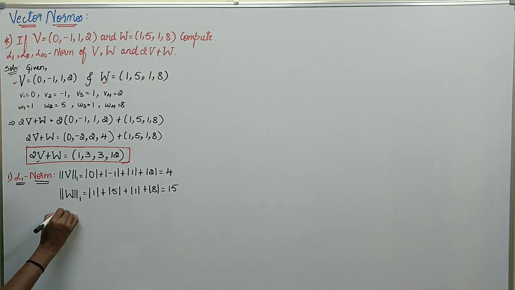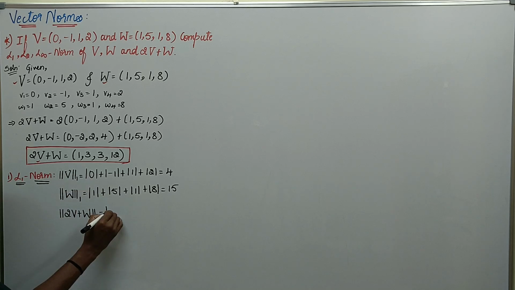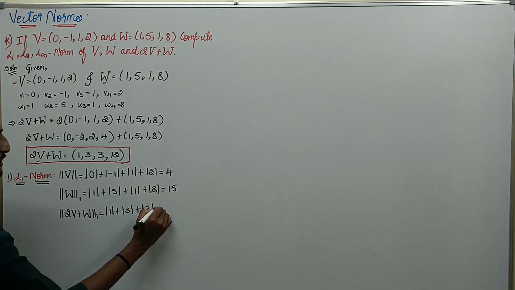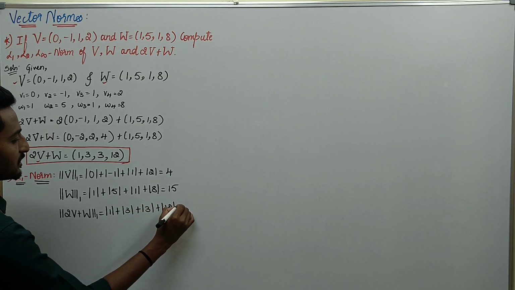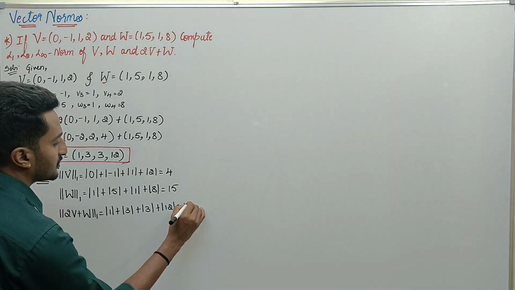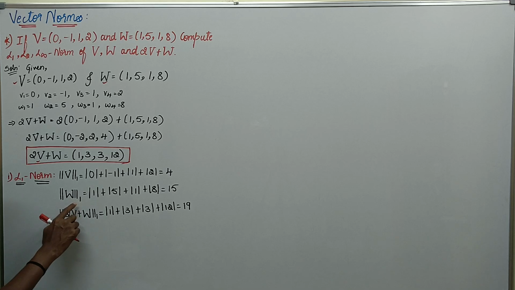Next, norm 2V plus W1, which is equal to modulus 1 plus modulus 3 plus modulus 3 plus modulus 12, which is 1 plus 3 plus 3 plus 12, you get 19. This is our L1 norm: V1 norm, W1 norm and 2V plus W1 norm.